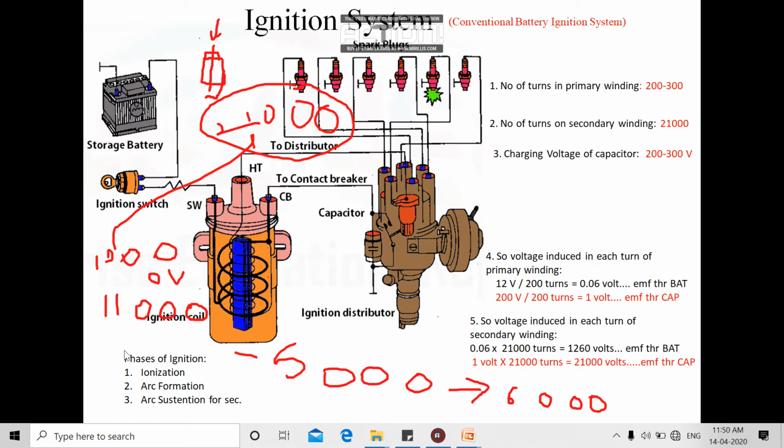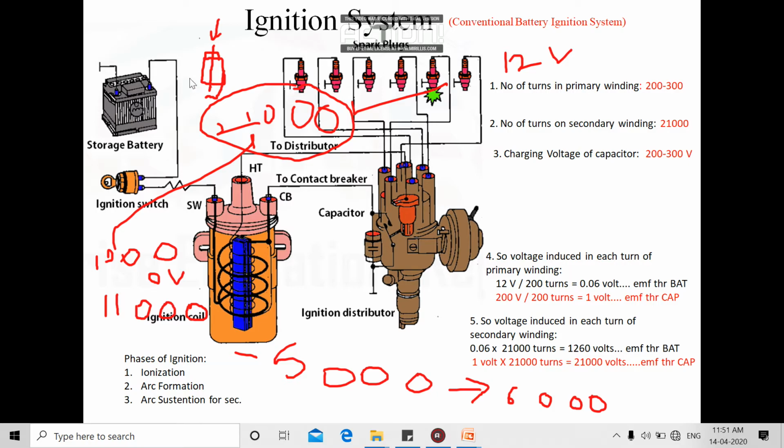So this is the answer to the question of why we require that much high voltage across the spark plug. Why not directly convey the 12 volt supply across the spark plug?